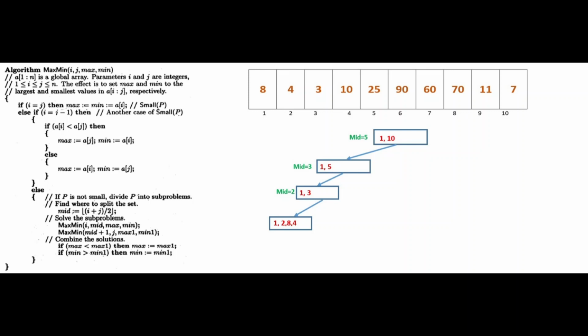So we pass mid plus 1, which is 3, comma j, which is 3, comma max 1 comma min 1 to the next function as arguments. We have no idea about max 1 and min 1 yet. We pass 3, 3 and max 1, min 1 to the next function.